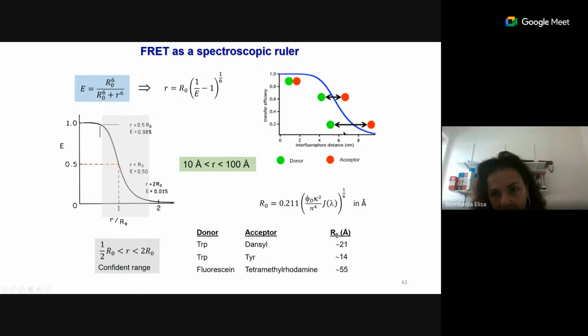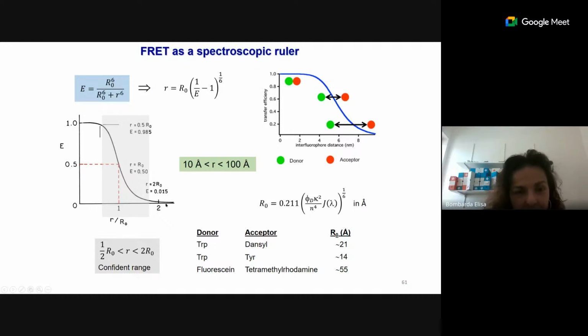And in this graph here, I try to highlight the confidence range, so practically where this equation works at best, because you can imagine that it's difficult to distinguish values in this region and also in this region. Here, because it's quite flat, the changes are minimal, and then here also.